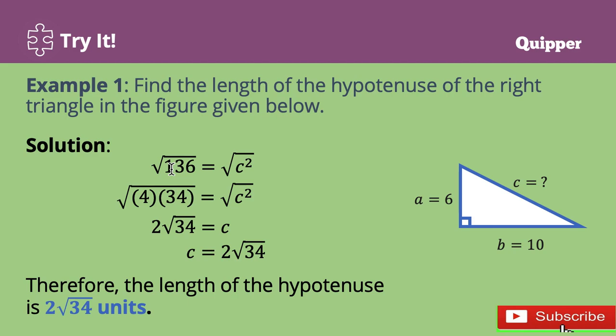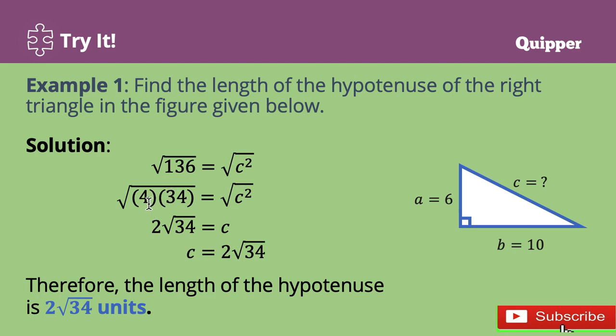So the factors that we are going to choose for 136 is 4 and 34. 4 times 34, that's equal to 136. Now, I have chosen 4 and 34 as factors for 136 because one of the factors is a perfect number, which is 4.